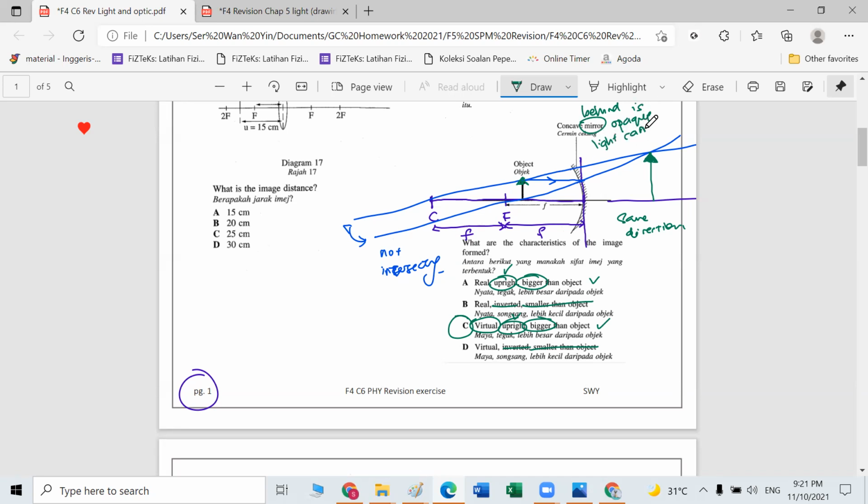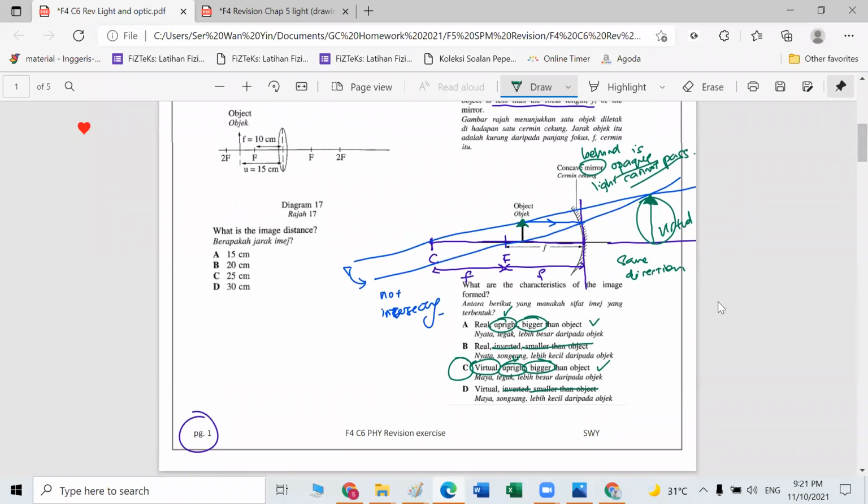But you see image from behind means it's not real and it's virtual. Understand? So when you see this kind of questions, when they ask characteristic, you can memorize or you just draw out KFC. Then you can see everything there.